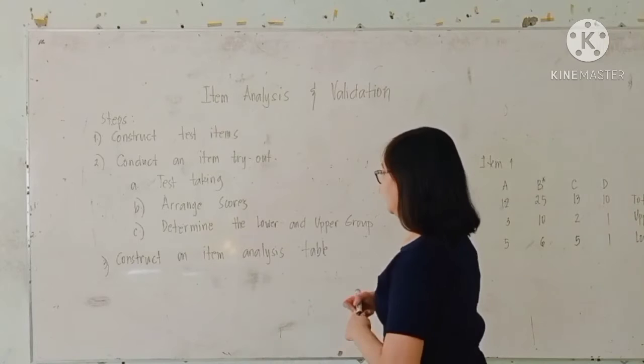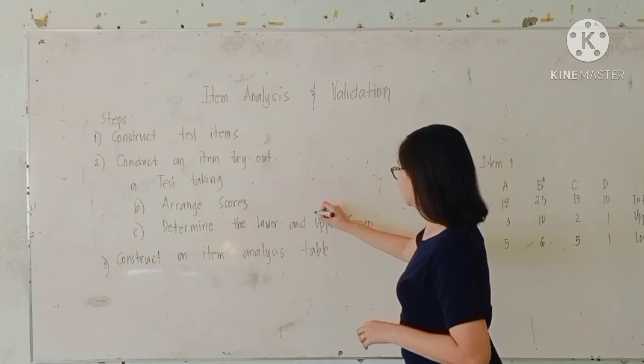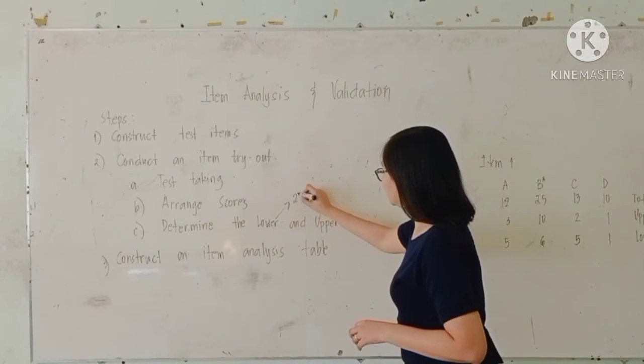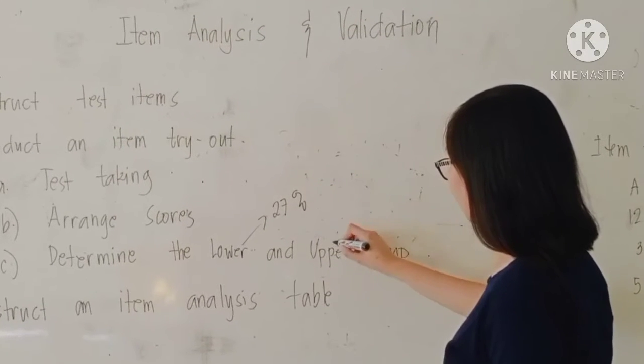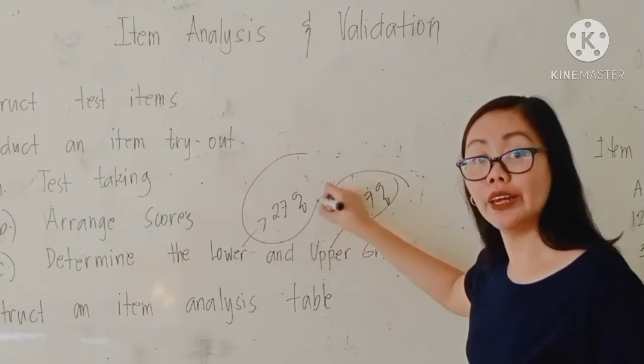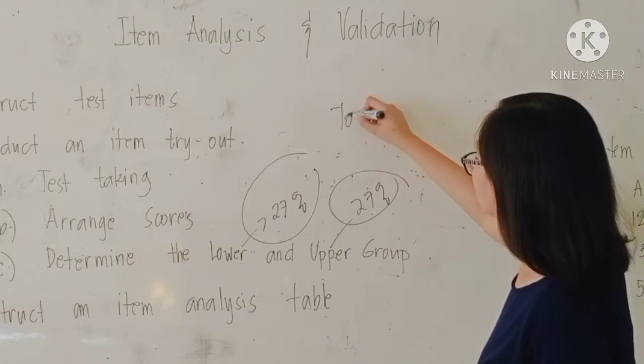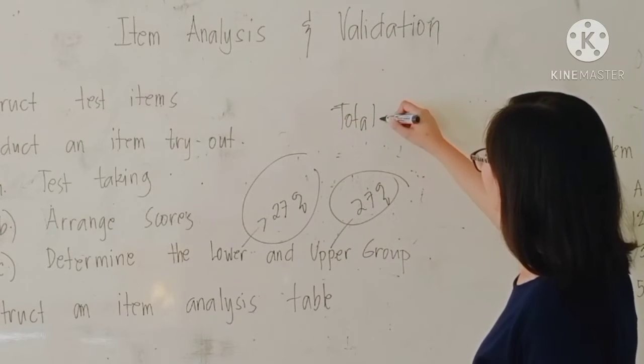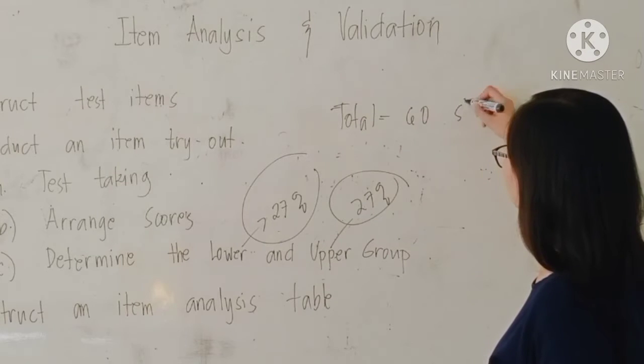So sabi natin dito, your upper group and your lower group should be 27% of the total number of your students. Let us assume that the total is 60 students.